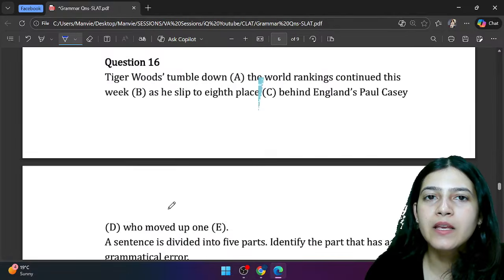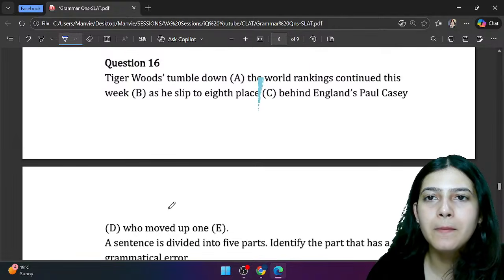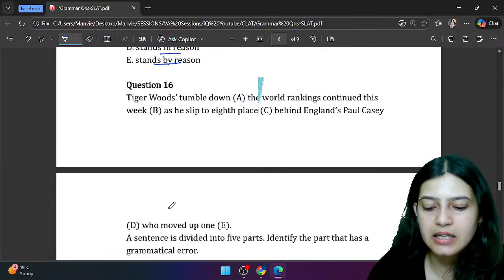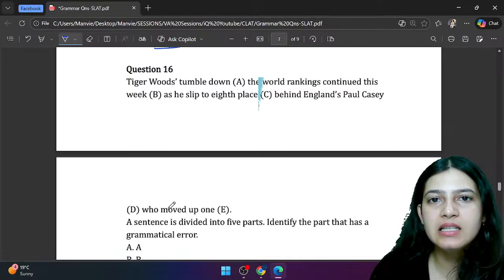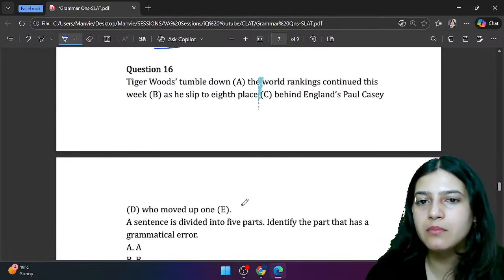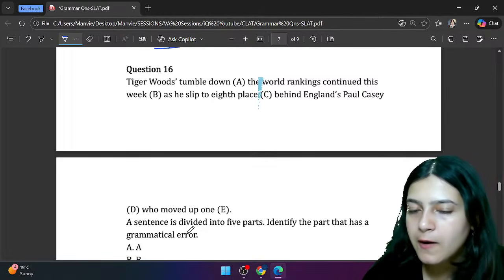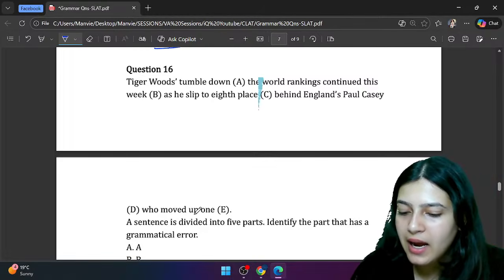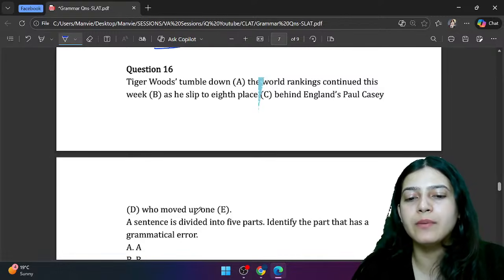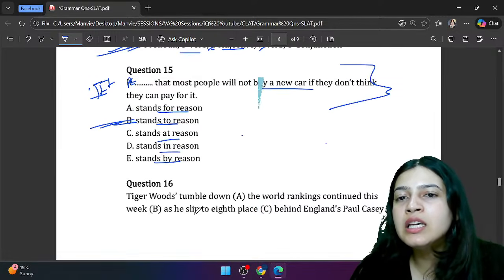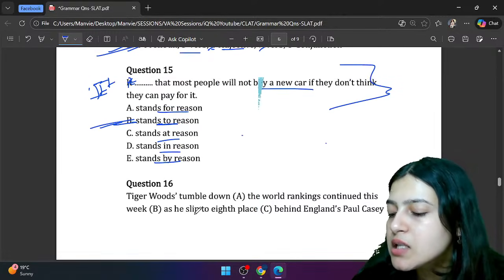Okay, here is question number 16, and 16 has given us some statements. Stand by. Why not stand by? Stand by is when you actually keep something on standby.